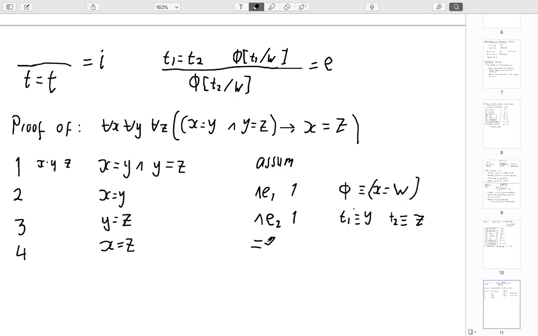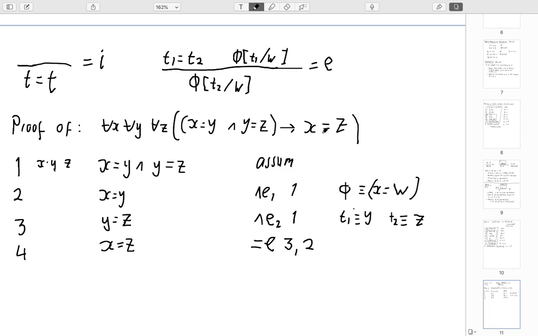So it's equals elimination from the first premise, the t1 equals t2 is this one, y equals z, so that's line 3. And the second premise is x equals y, which is the formula phi, x equals w with t1, that's y substituted for w. So that's line 2, the second premise.